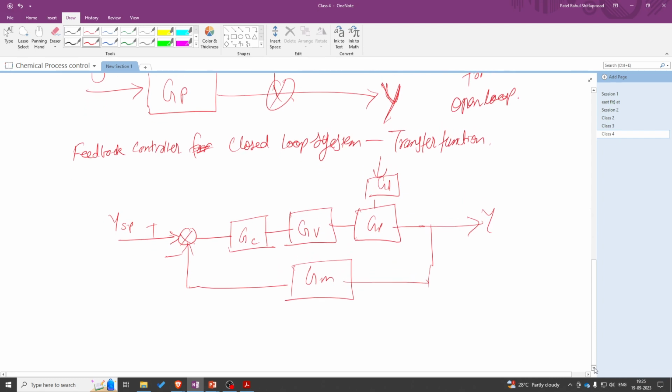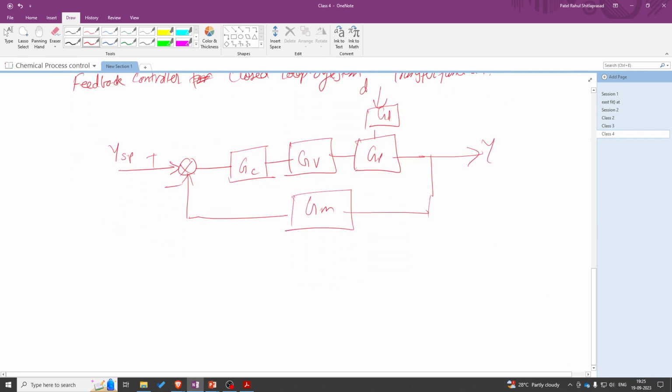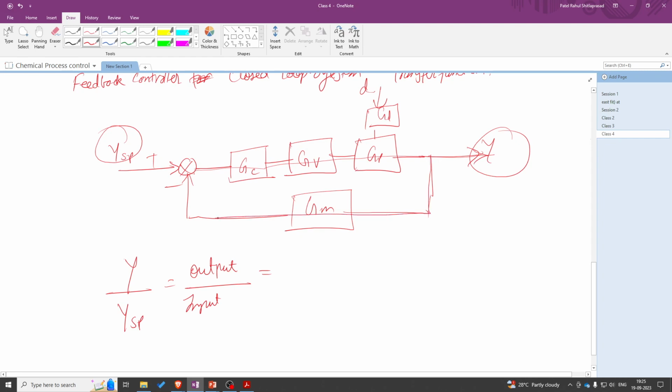Now if I want to write the transfer function between the output and the set point, that is our input to the system, that is basically Y upon YSP, output upon input. The input is YSP and we want to write the transfer function across this block Y, and this is again fed back to the system. So this is the entire loop that we want to cover.